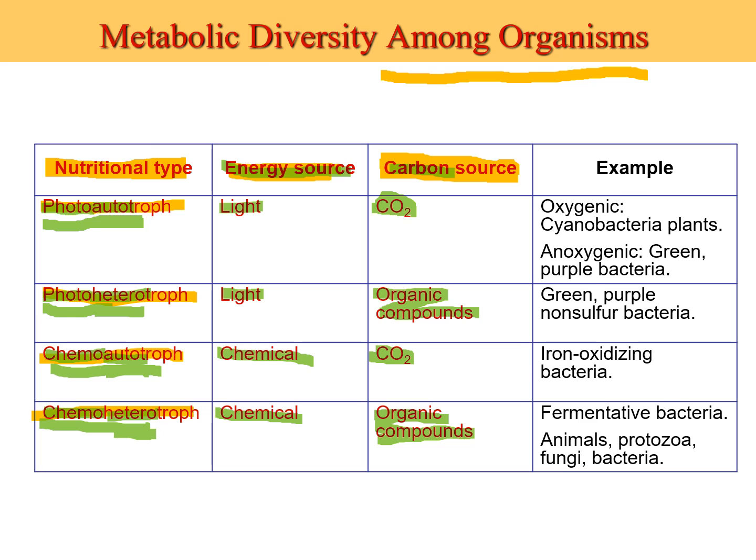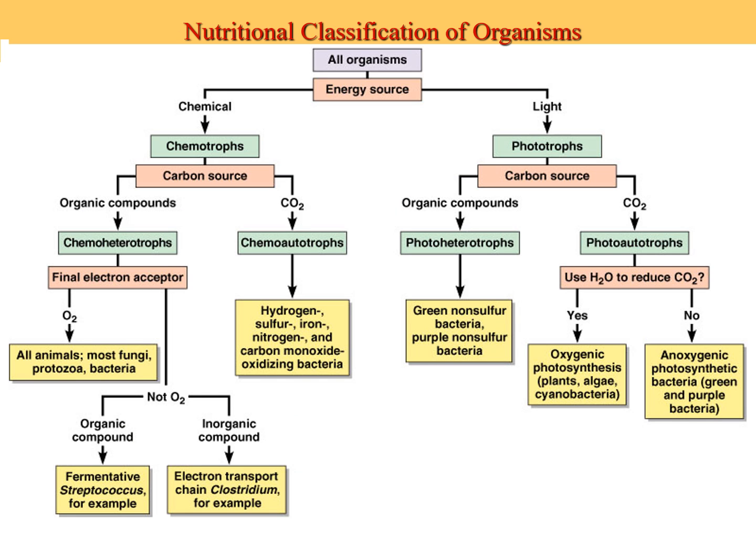So you have those 4 types, and that's shown here. All organisms. In green, we're dividing up the carbon source. Actually, I shouldn't have said pink because we're looking at both energy source and carbon source.